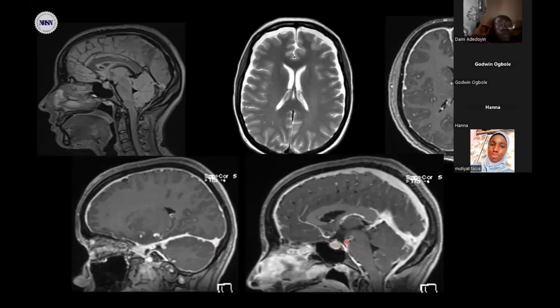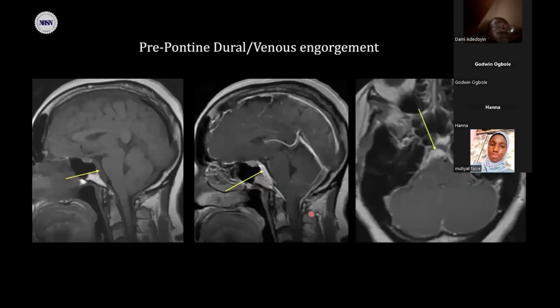And those are all features of the SIH. Venous engorgement is a significant thing in SIH. So you can see the postclival enhancement in patients, and it's all due to dural enhancement and the engorgement of the veins in that region. So we see avid enhancement within this region.